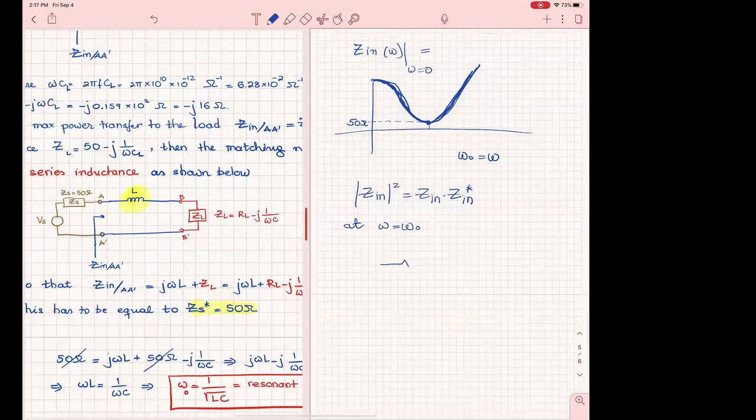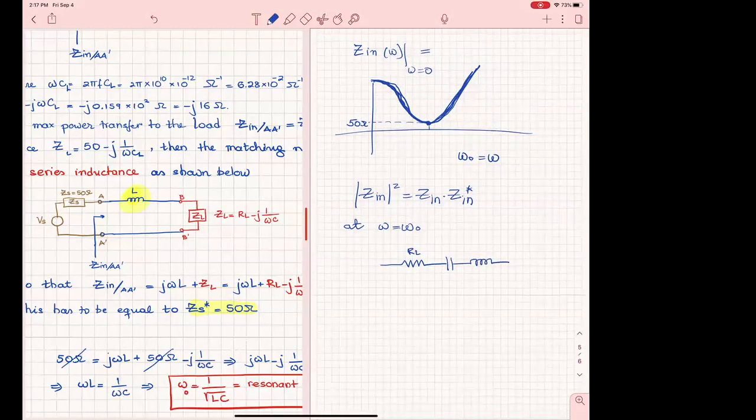So it's going to be our R sub L, then the capacitor, and then the inductor we put. I just changed their order. I can do that, all right? These are reciprocal components, so I can change their order. So it's going to look like this. That's what we see from here. Do you agree? This is your Z in at AA prime.